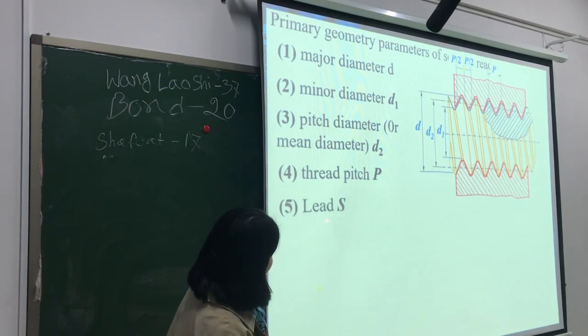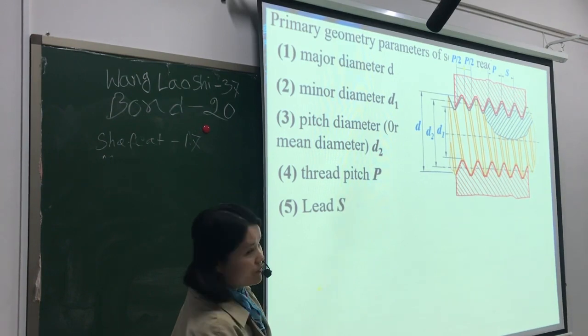And the lead S. The lead S is the actual distance the mating thread advances in one revolution.